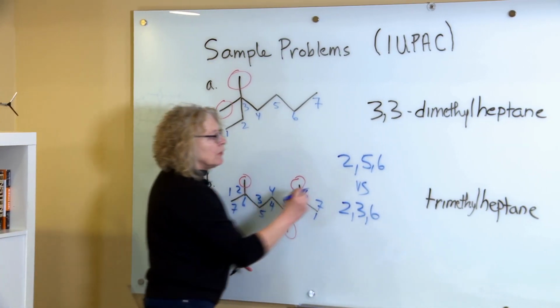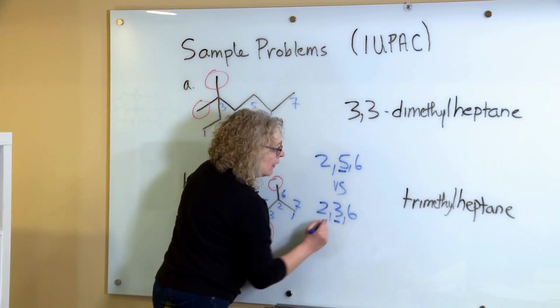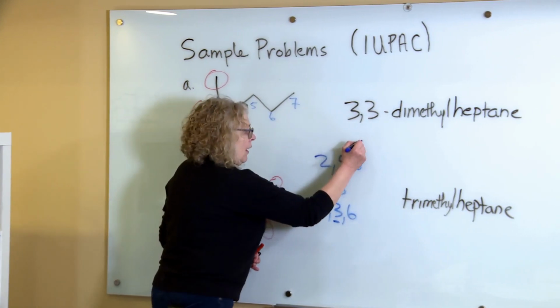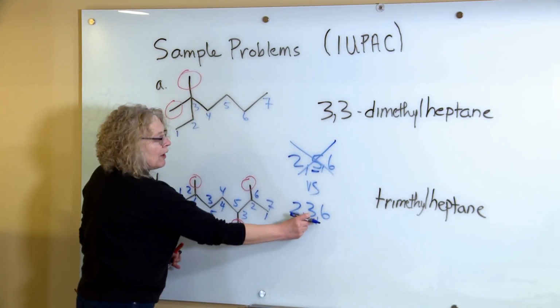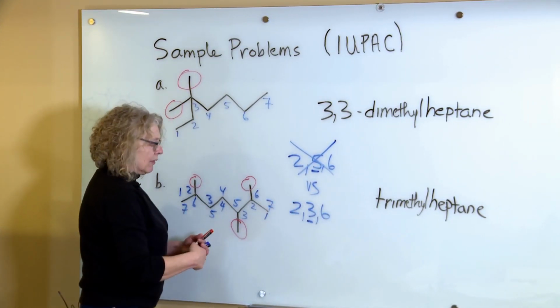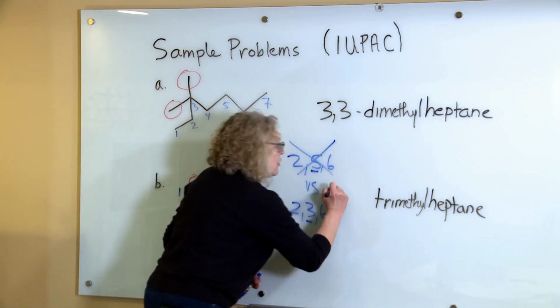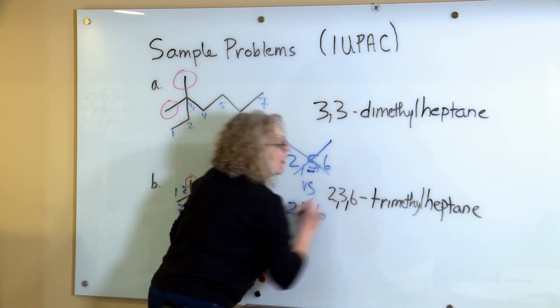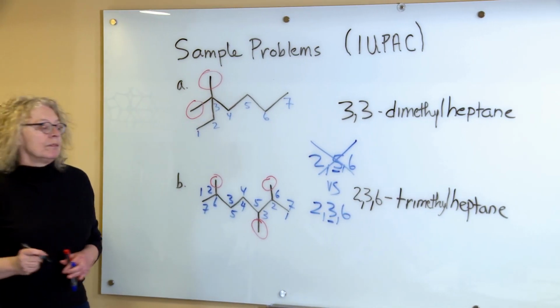We have to go to the 5 versus 3. 3 beats 5, it's the first point of difference. Therefore, the correct numbering scheme is 2, 3, 6. So this is a 2, 3, 6 trimethyl heptane.